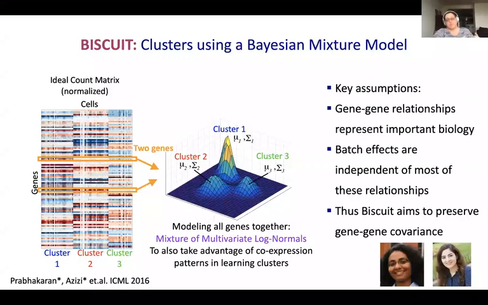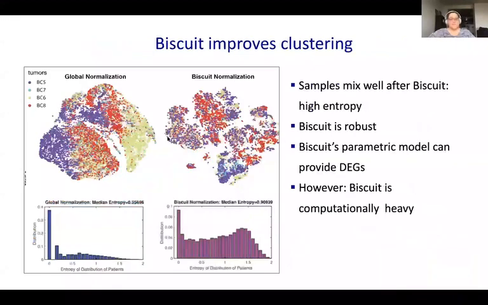Batch effects affect genes, but don't affect programs, because programs are a biological entity. And so BiSKIT is an algorithm that aims to identify these covariate structures in the data, assume that these covariate structures are real, and then correct the data to clarify these covariate structures. And these covariate structures also help you define the clusters themselves.